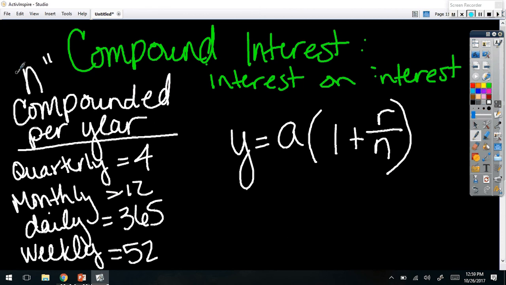This is my n, how many times it's compounded per year. And my exponent this time, instead of just being t, is n times t. Y'all with me? Yeah. All right.